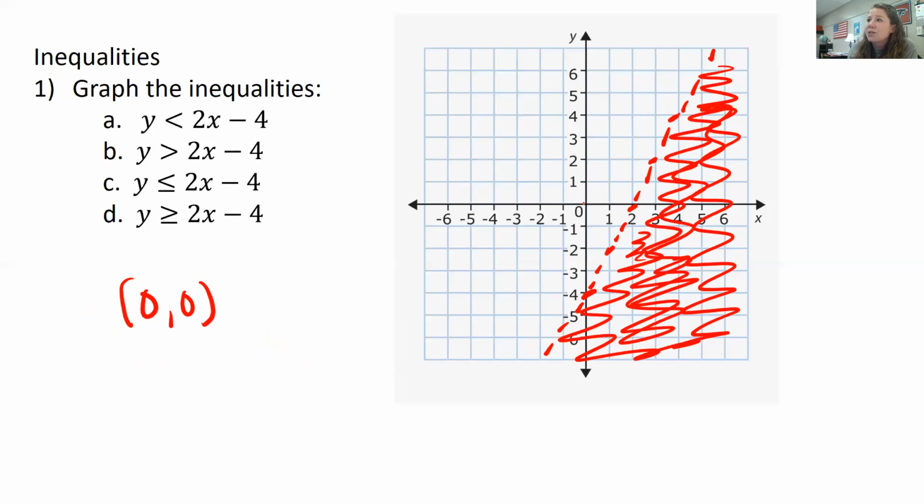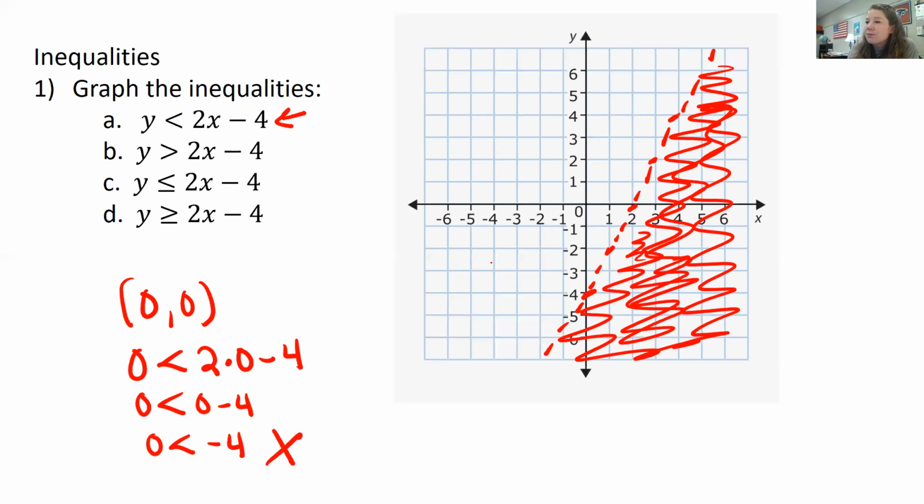If y is 0, is 0 less than 2 times 0 minus 4? 2 times 0 is 0, and 0 minus 4 is -4. So is 0 less than -4? No, that's not true. And that makes sense, because if we look up here, (0, 0) is not included in our solution set.